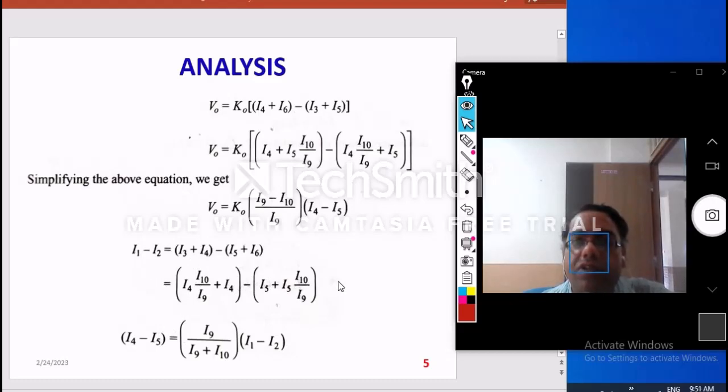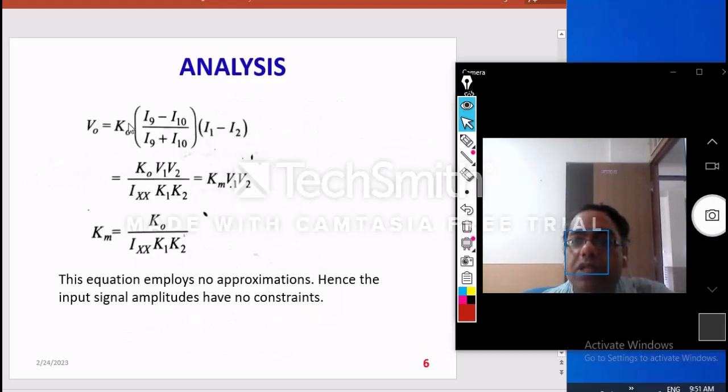Finally, the expression for output voltage after algebraic manipulation can be written as Km times V1 times V2, where Km is given by this expression. That means this full expression is denoted by Km. So thus we see that output voltage is proportional to the product of two voltages.